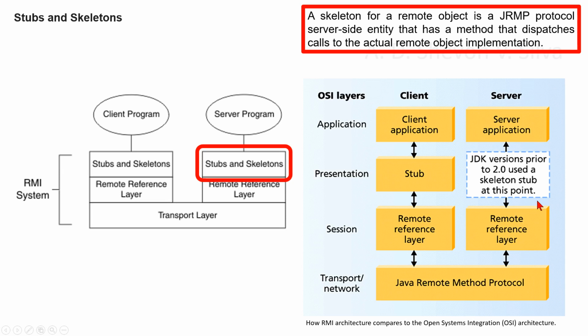The stub marshals and unmarshals the arguments sent over the connection. The OSI session layer is similar to the RMI layer that obtains a reference to the remote object from the naming registry service module.